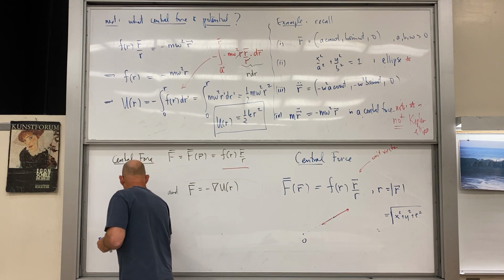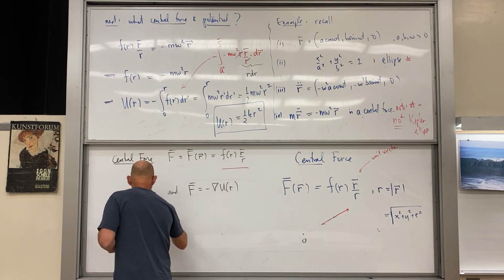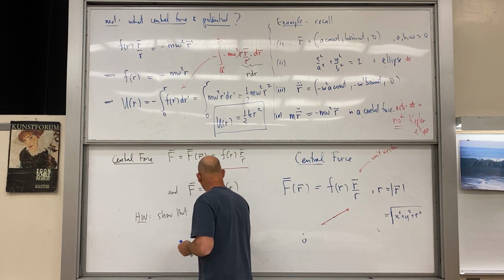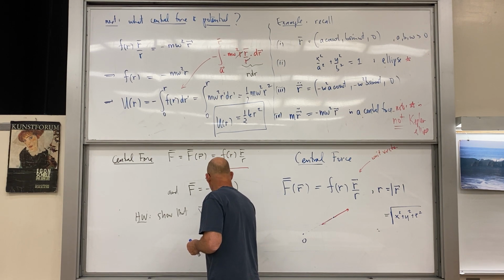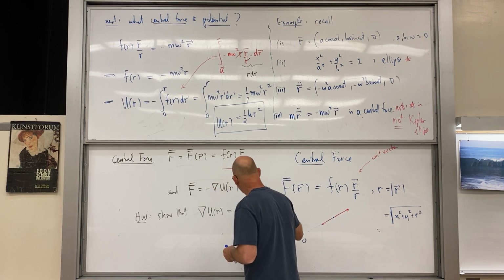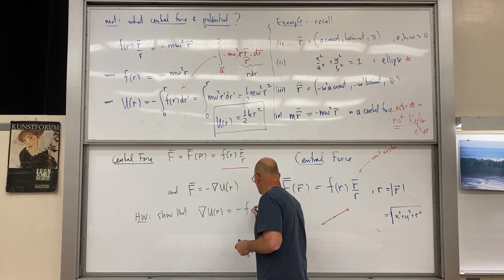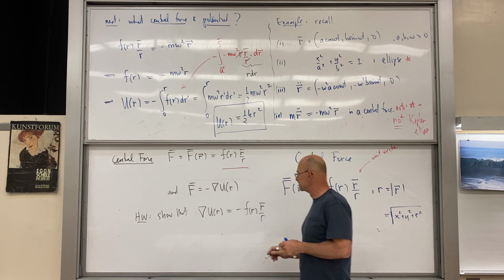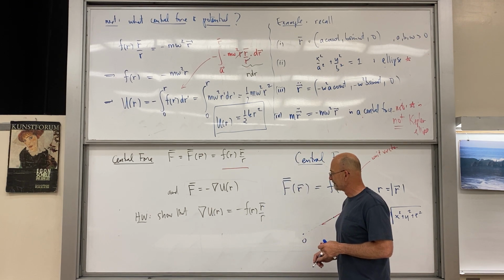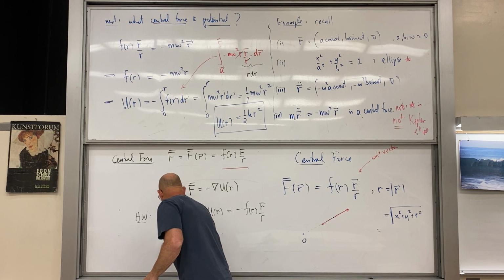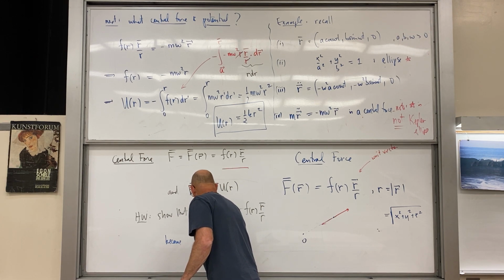So homework, take these derivatives, show that the gradient of U of R is equal to minus this thing here, F of R, R over R. And the way you do that, maybe I'll just do it for you, because we have dU of R dx, right?